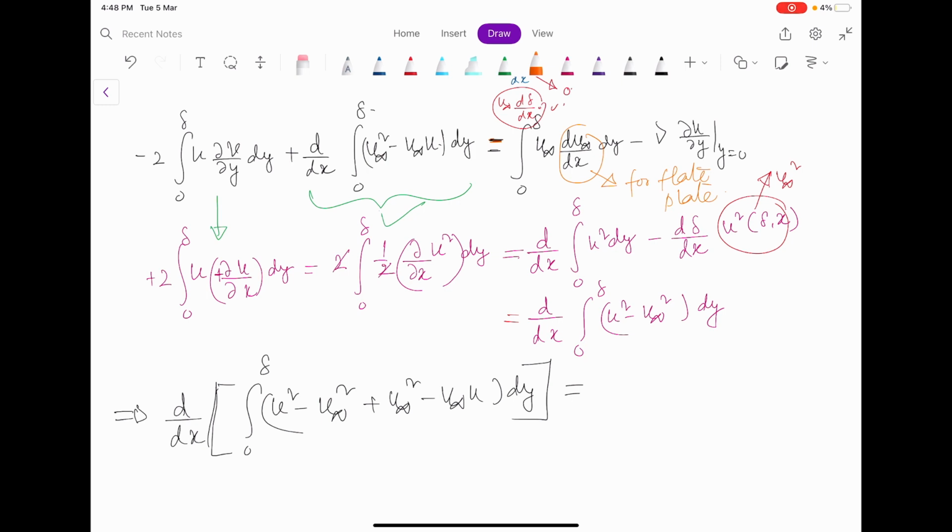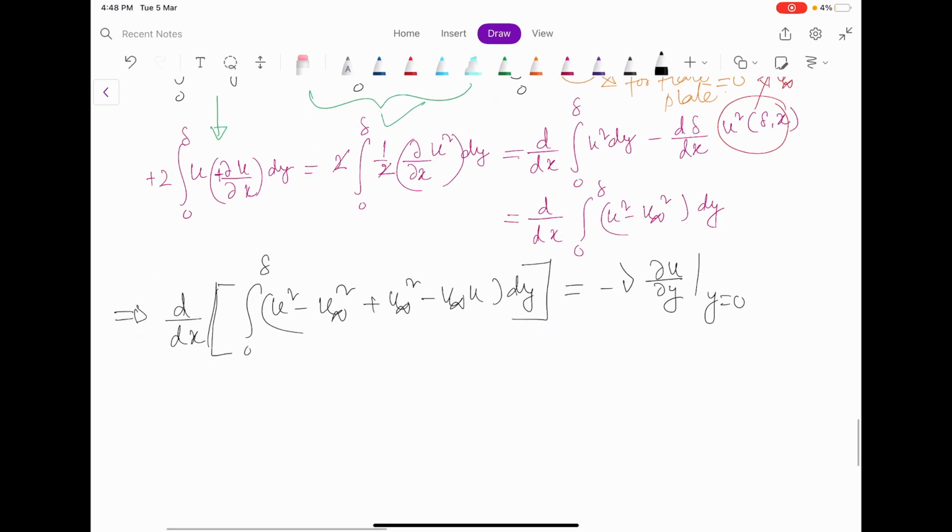You can actually see u infinity is not a function of y, and that is why du infinity dx can be a function of x actually, because u infinity can be a function of both x and y. You can do the same analysis keeping the du infinity dx, but for the flat plate this is equal to 0, so that will boil down to minus this.